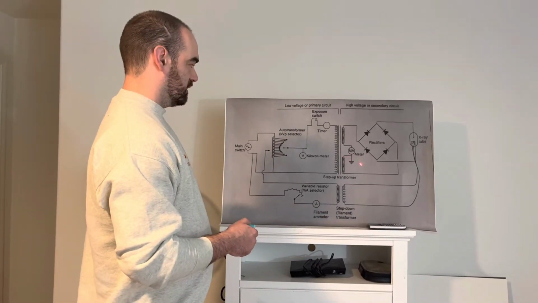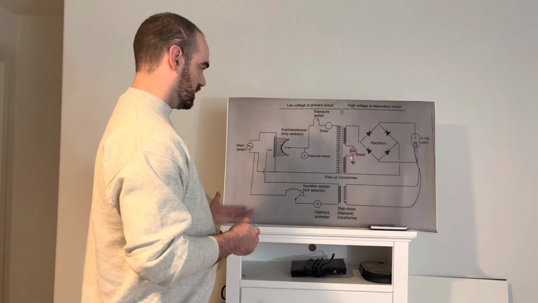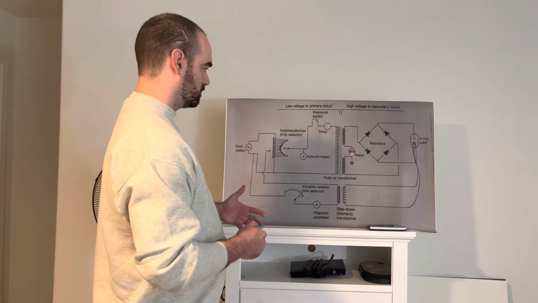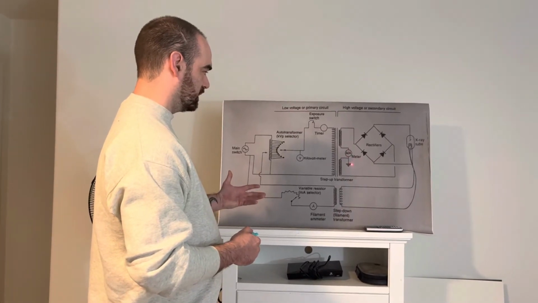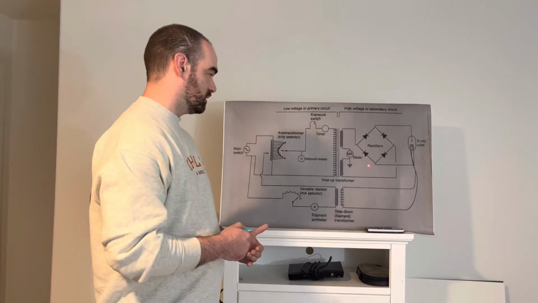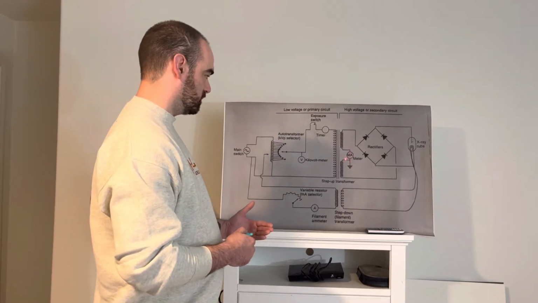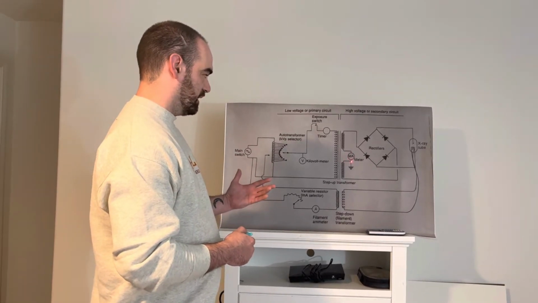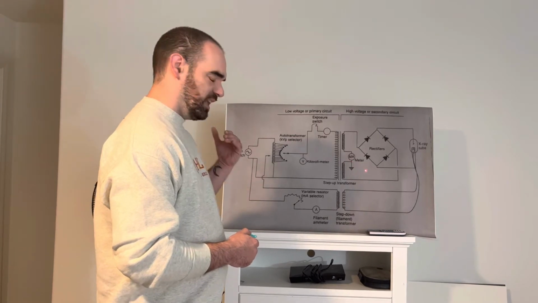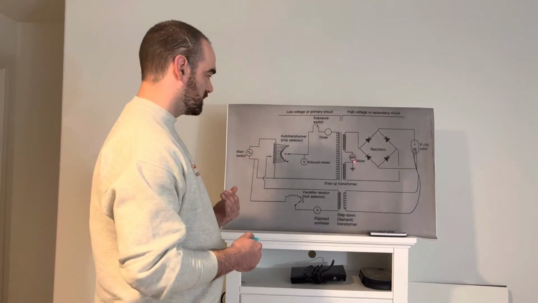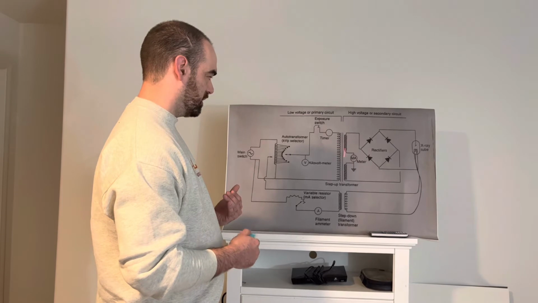Now the mA meter will read the voltage once it goes through the step-up transformer, and if it's less than 10,000 volts, then it will stay on this side.